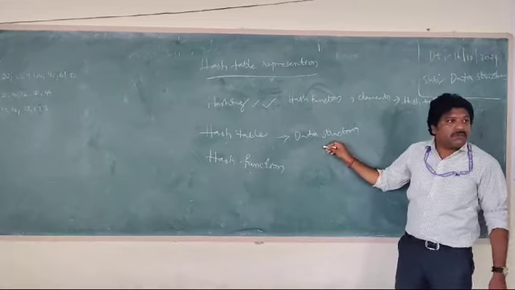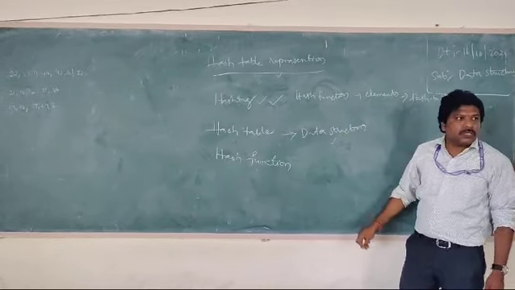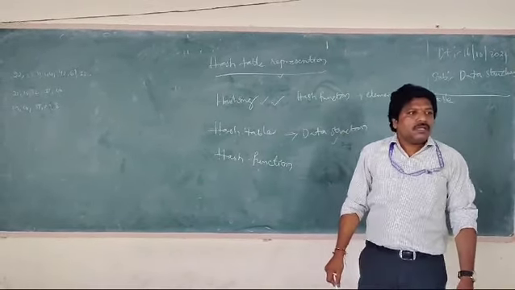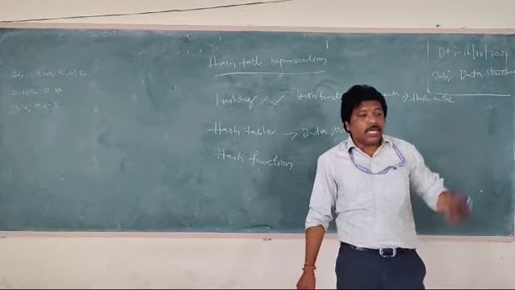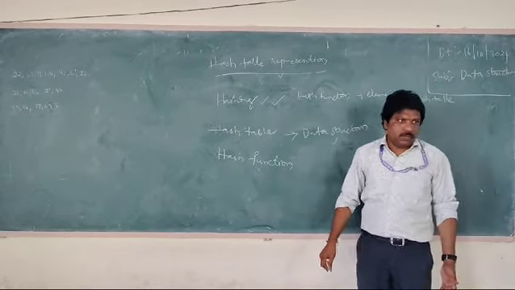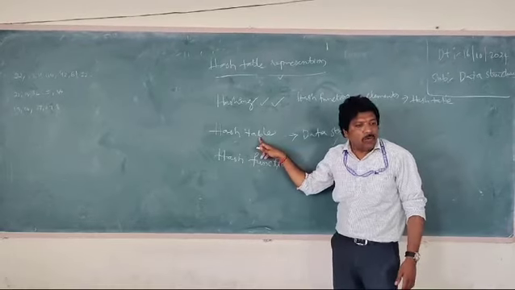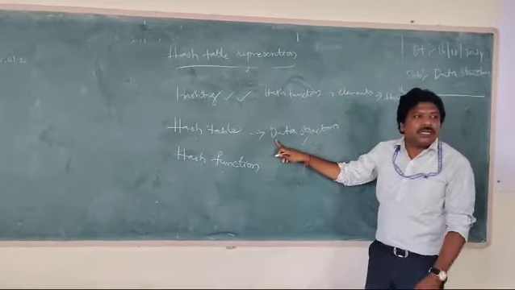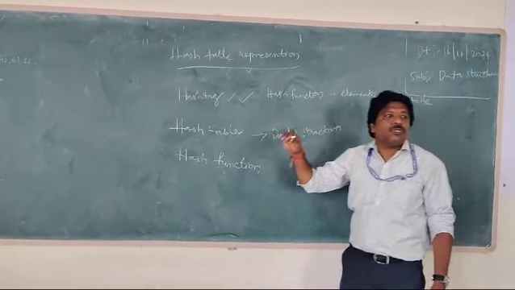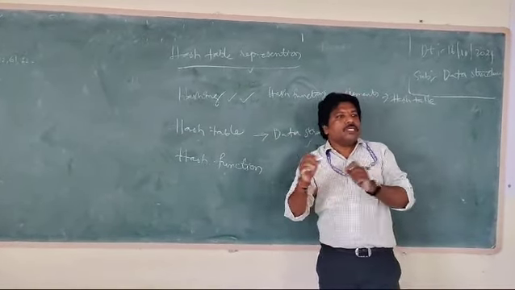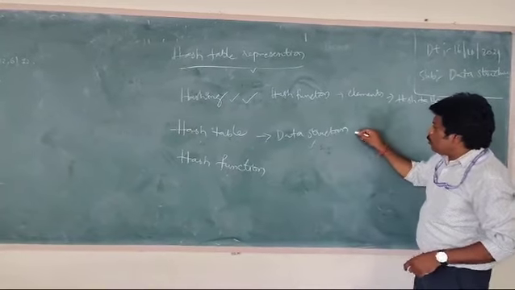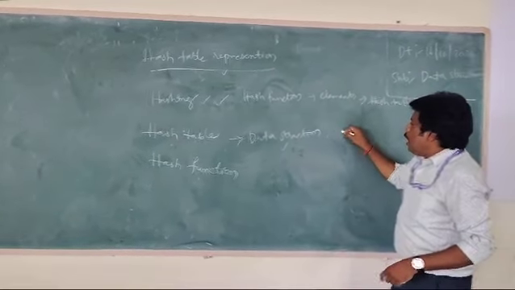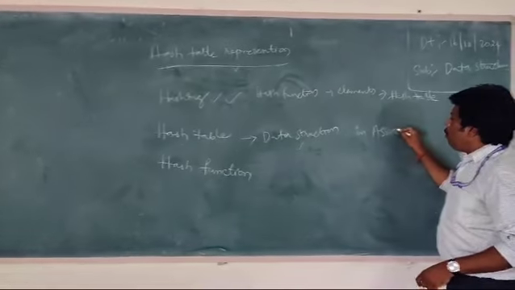In the first subject, what does data structure mean? Data structure means the way you are organizing the data, in which way we are storing the data. So here also we organize the data in this hash table. A hash table is a data structure in which we store the elements in an associative manner.